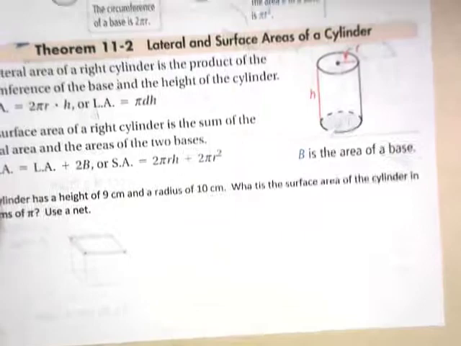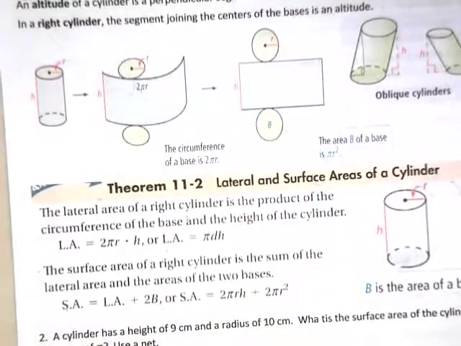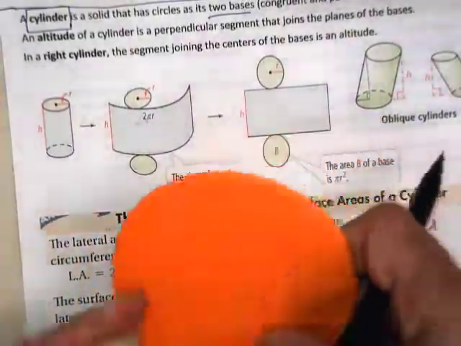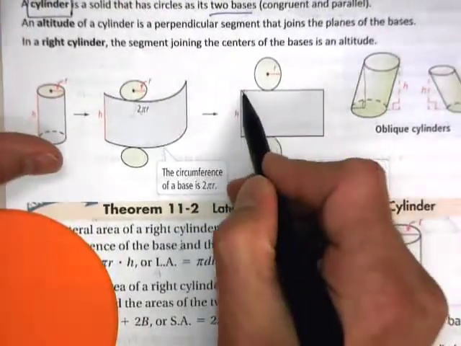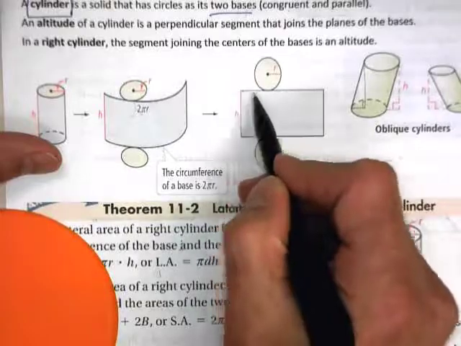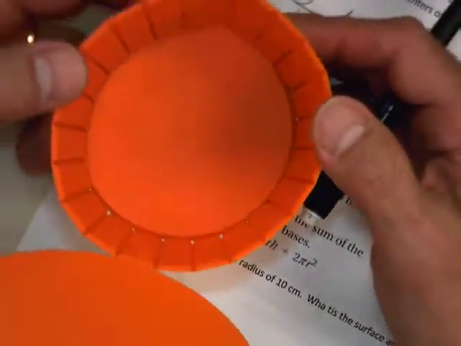And, well, I'll tell you what, I should have emphasized this. Here's the question: how do you figure out the length of this lateral area? Well, notice that the length of the lateral area is the circumference of the circle.